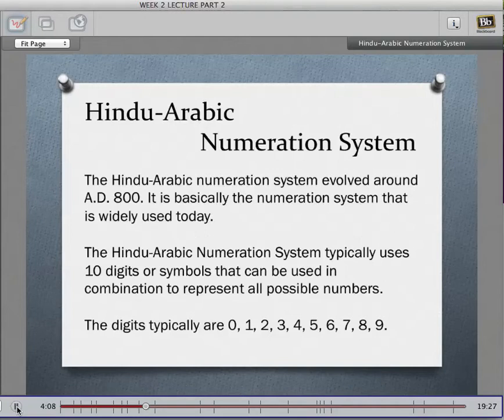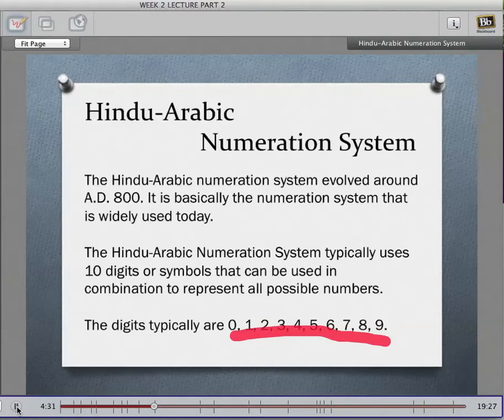There's been a few variations, but typically we use 10 digits or symbols, and just those 10 digits, 0 through 9, we can use to make every possible number. Every single number consists of only those 10 symbols.